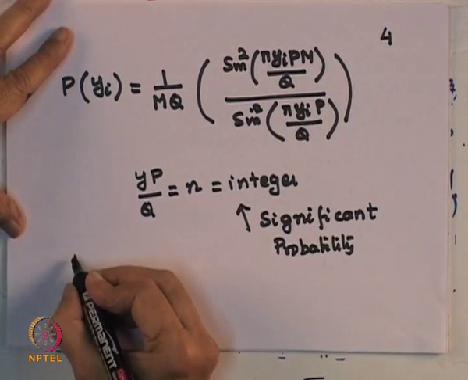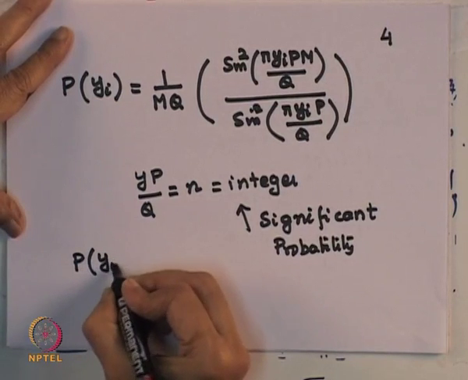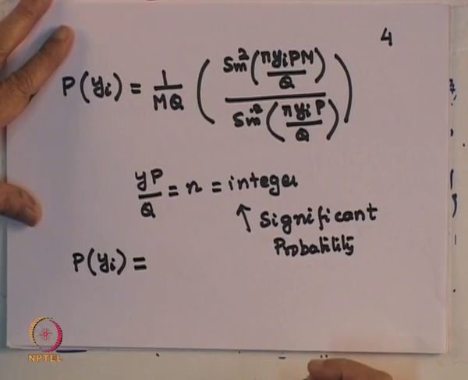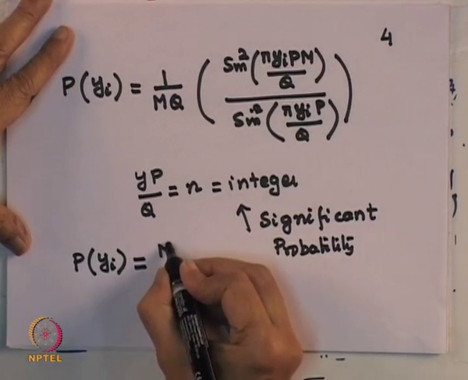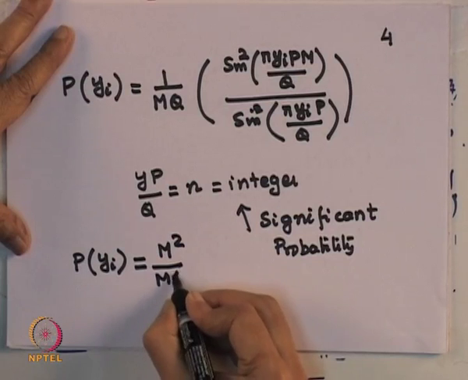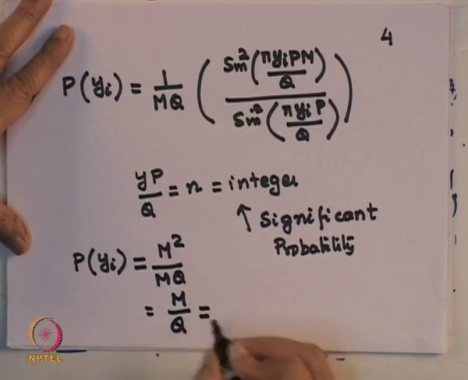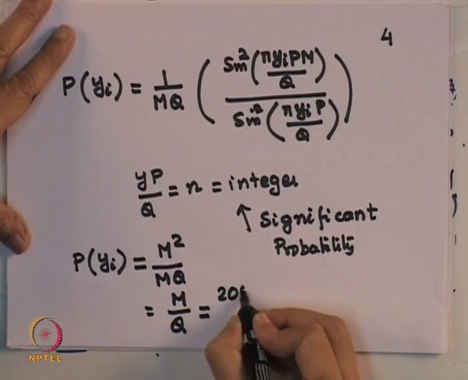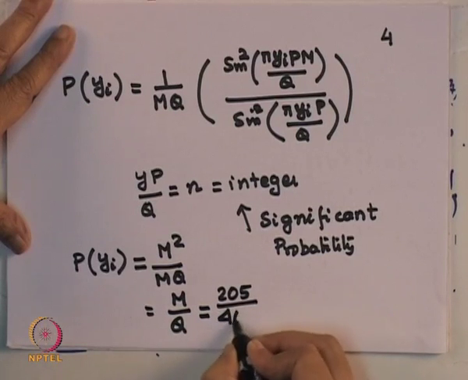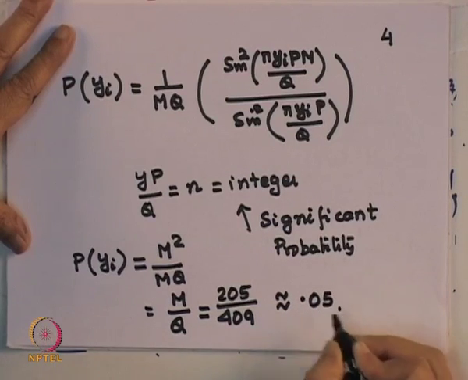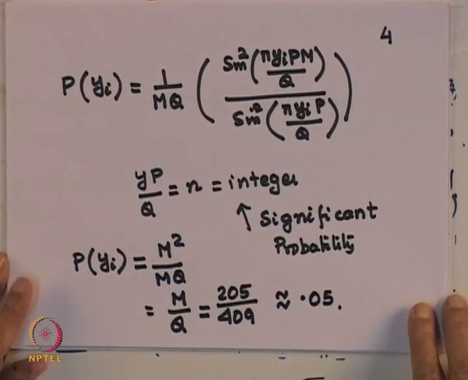So the probability for the y_i's that are most likely to come out is m square by mq, which is equal to m by q. And if you put in the values, m equal to 205 divided by 4096, this works out to approximately 0.05, that is about 5%.